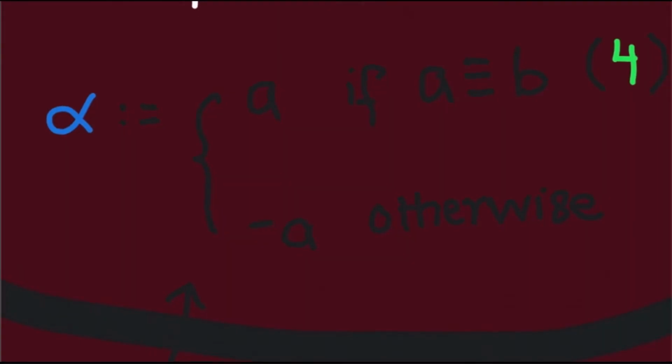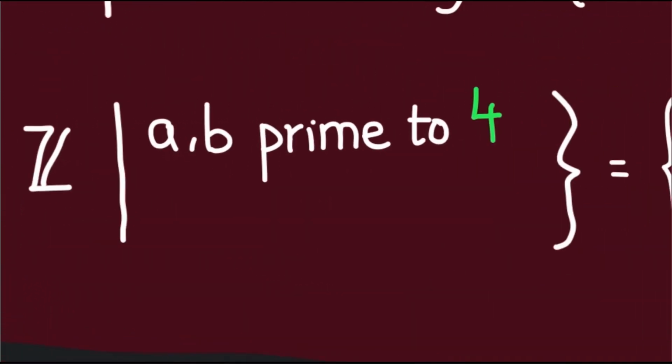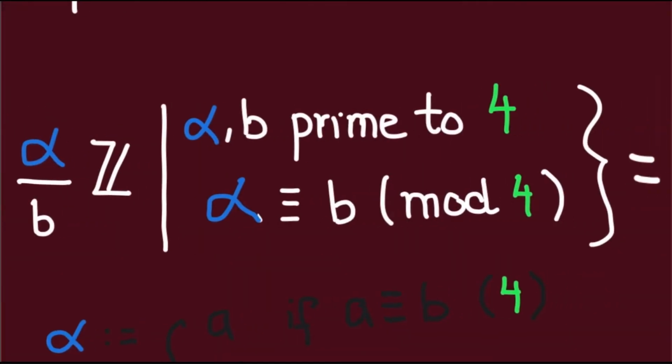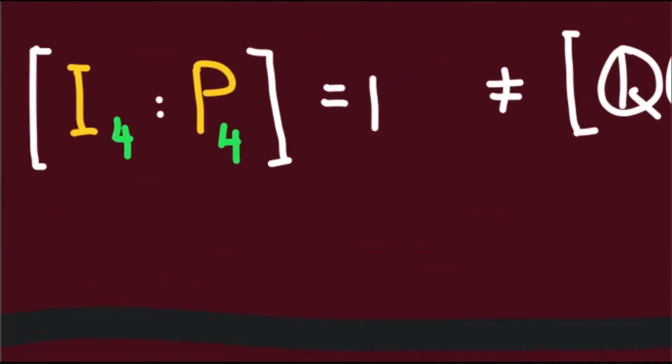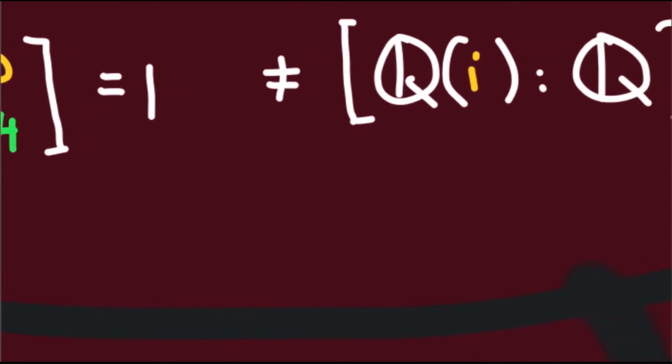Because if a is already congruent to b modulo 4, we just let α be equal to a. Otherwise, we just let α be equal to -a, because a and b can only be congruent to 1 or 3 modulo 4. And thus we get that I^4 is just going to be equal to this set here, which is just P^4. Therefore, I^4 over P^4 is equal to 1 as claimed.